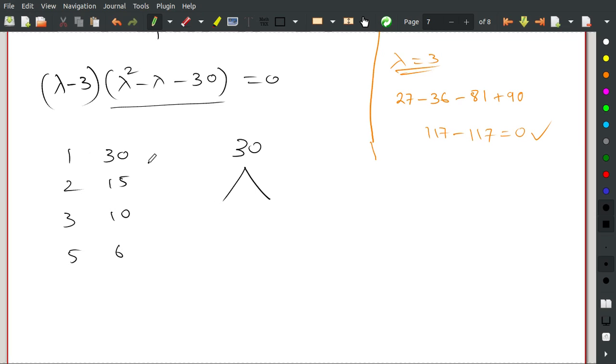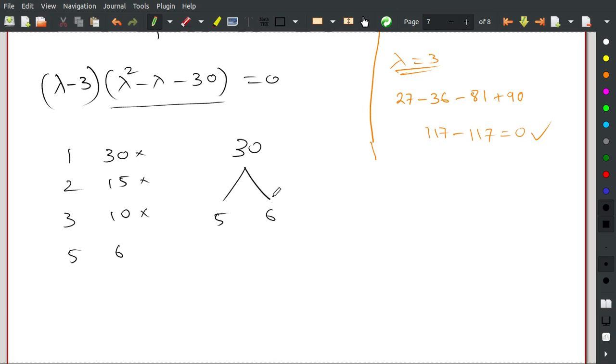Let's try to find the pair whose sum gives 1. For the first pairs, the sum won't equal 1, so that is not possible, and this is also not possible. Similarly, this is also not possible, but this one is possible, because 6 into 5 gives 30.